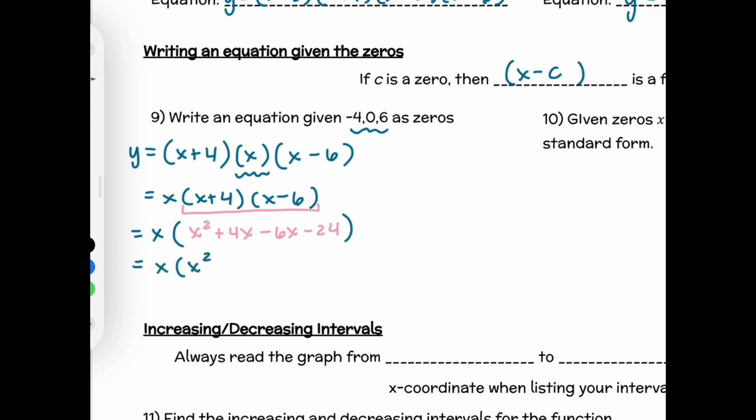So x squared minus 2x minus 24. All right, and then we just distribute that x in, and that should give us our equation in standard form. So it would be x cubed minus 2x squared minus 24x.